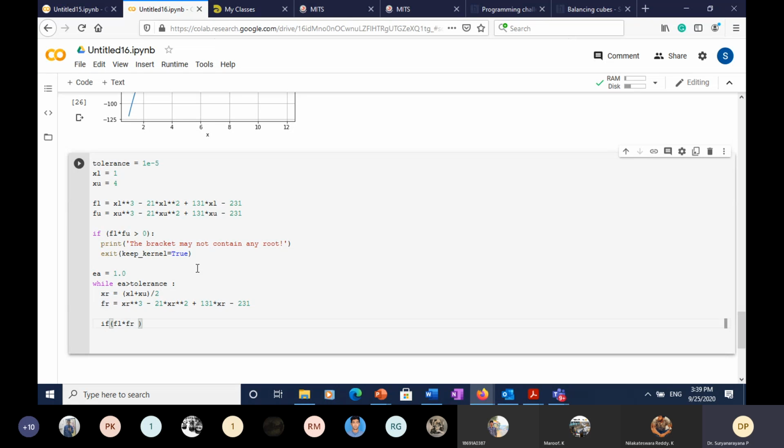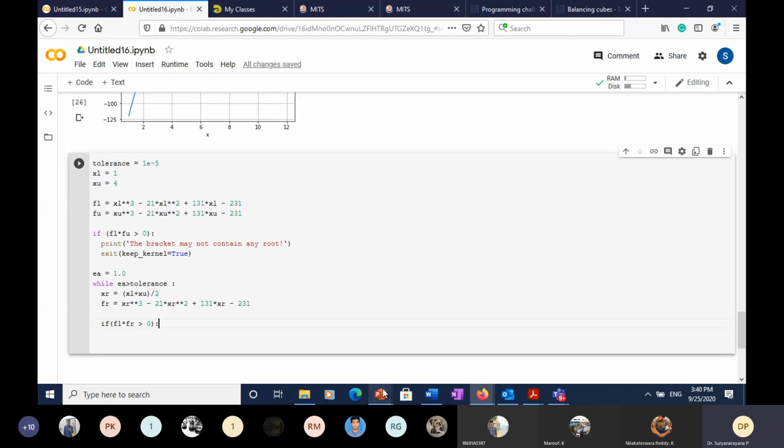I'm checking the signs of whether FL and FR have the same signs or different signs. You can check with XU also, it doesn't matter, but I'm choosing XL. If the product is greater than 0, that means the function value at the lower limit of the previous bracket and the function value at the new root that you calculated both have the same sign.